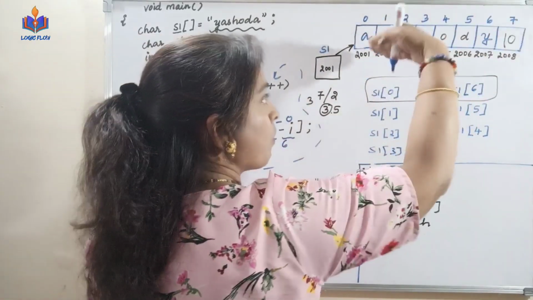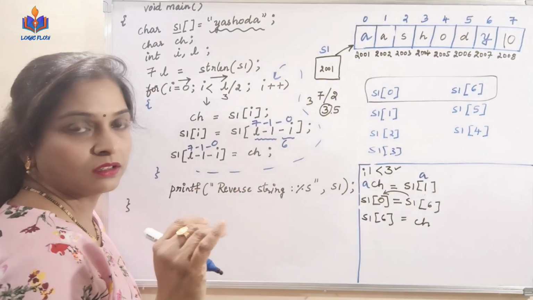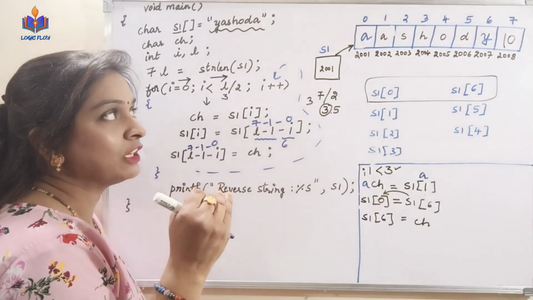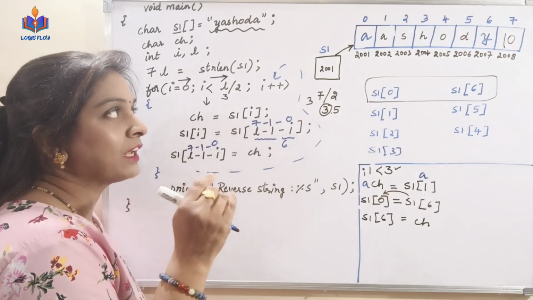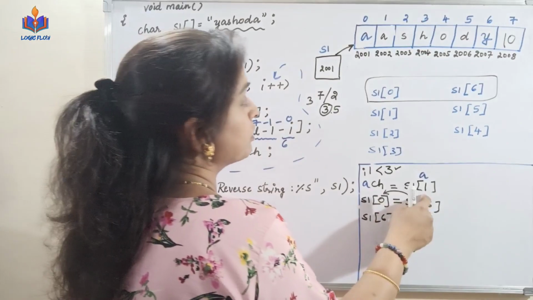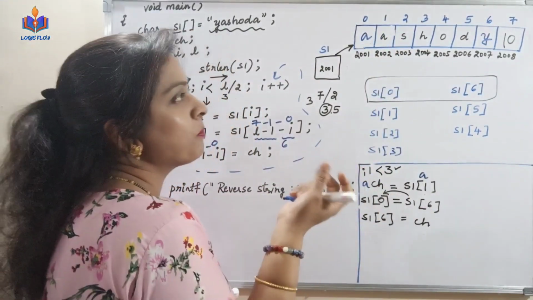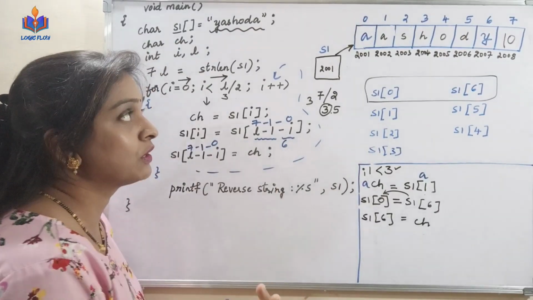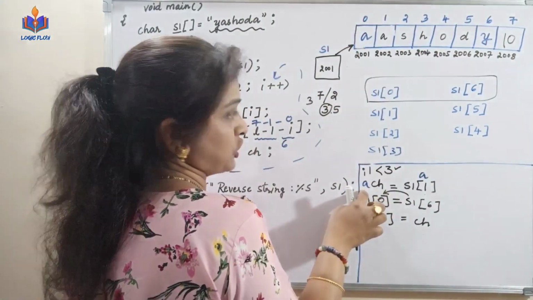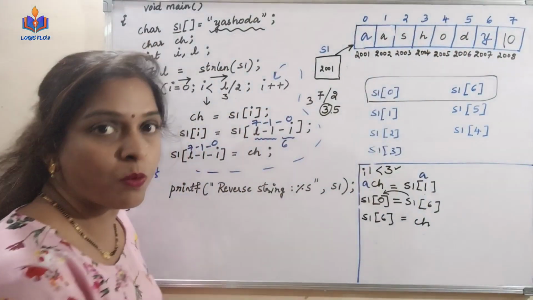When I override, the original value will be deleted and the new value will come. So before I get the new value, I need to take a backup of the original value. That we are doing here with CH. So S1 of 1 is A. Store that in CH, means take a copy of that. In fact, it will not go off, we will not delete it. A copy of S1 of 1 will be taken into CH. When I bring this character to this position, then it will be overwritten.